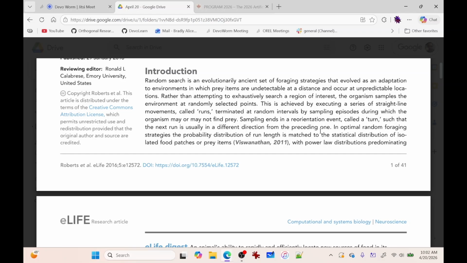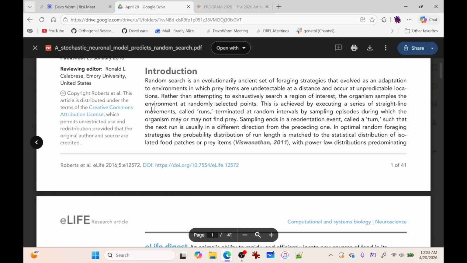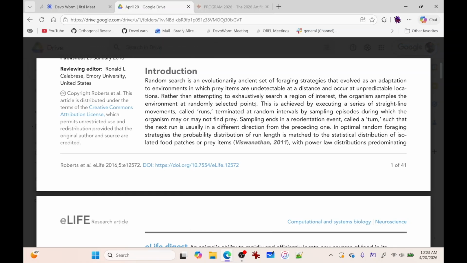And embedded in this foraging strategy are different types of movements that the worm has to make. So they talk here about how you have this random search strategy, but you also have these constraints of movement of the worm. So rather than attempting to exhaustively search a region of interest, the organism samples the environment at randomly selected points. This is achieved by executing a series of straight line movements called runs.